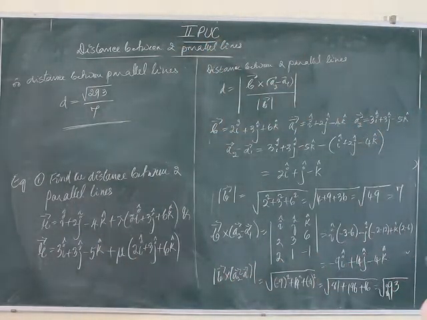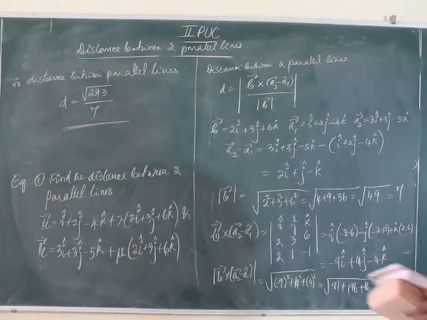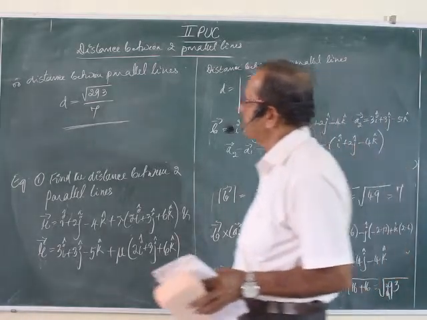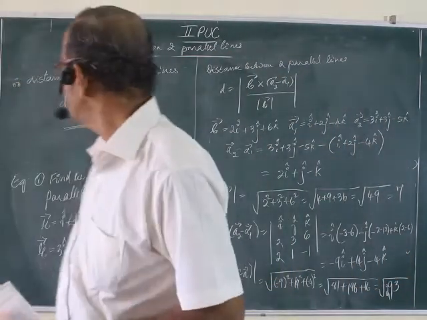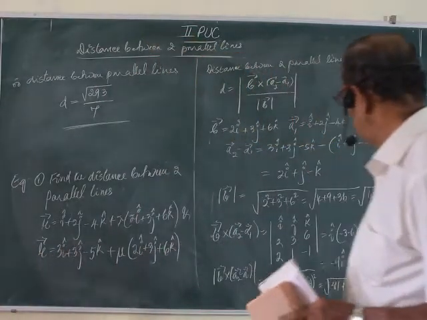Root 293 divided by 7 is the distance between the parallel lines. See the derivation as well as the method.